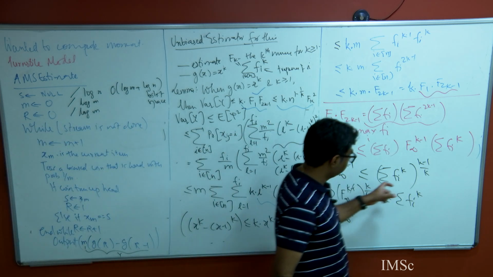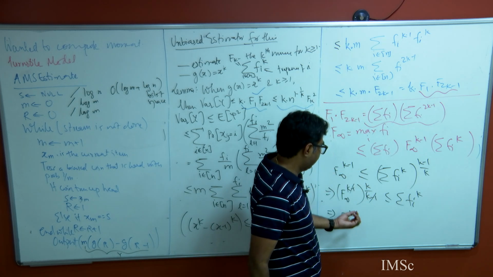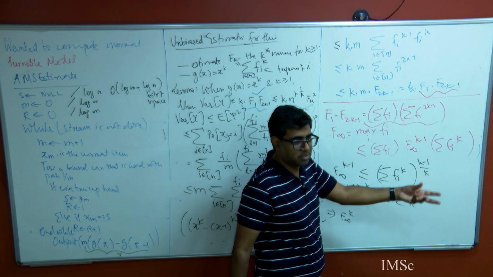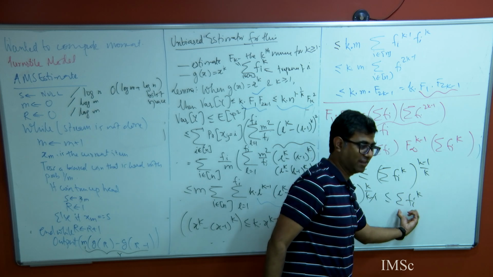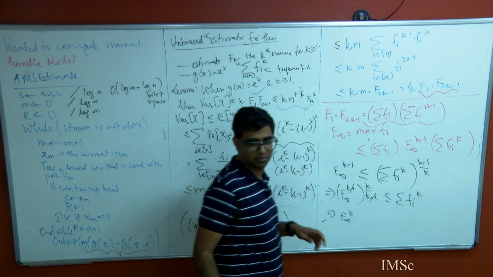So I can replace this with this, because do you get my point? What is f infinity to the power k? It is one term here, right? I am summing up more numbers here, right? Because f infinity is the max of f_i. So somewhere this max is going to occur here, right? So this is fine, okay.